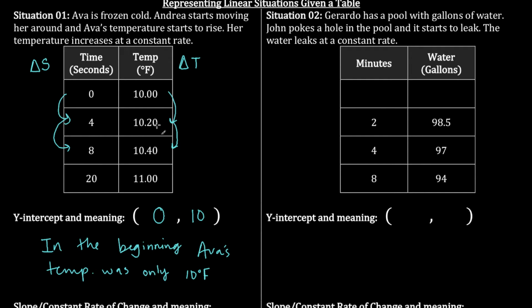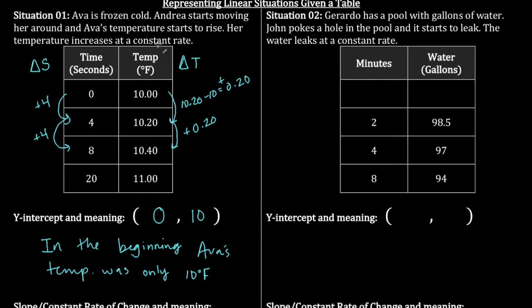I would have to do 10.20 minus 10 degrees is 0.2. So we increase by 0.2, and you can see it again here, 0.20. That happens when the time increases by 4.